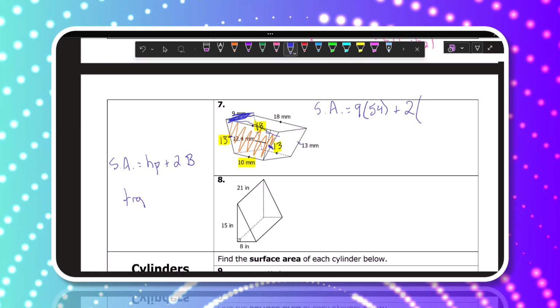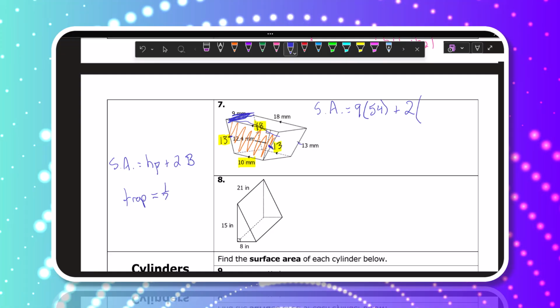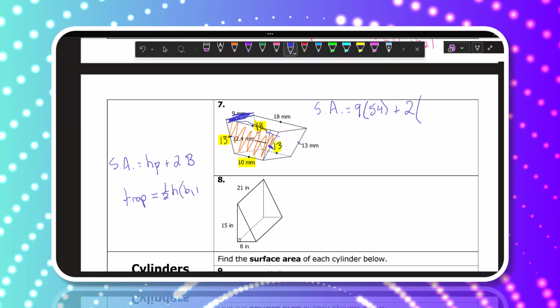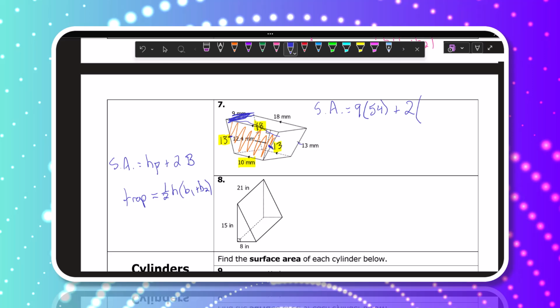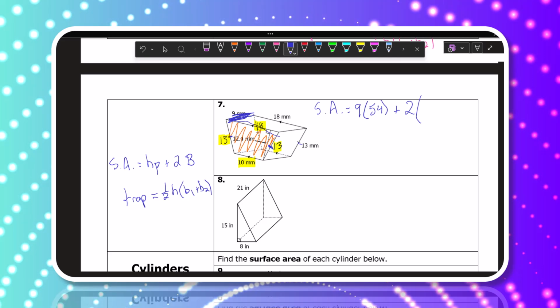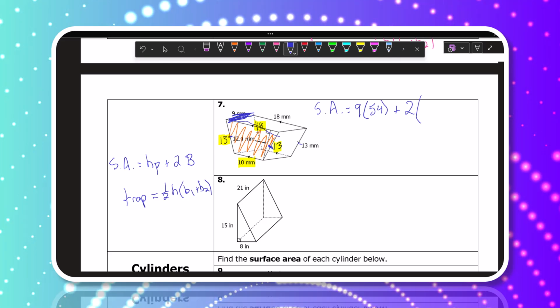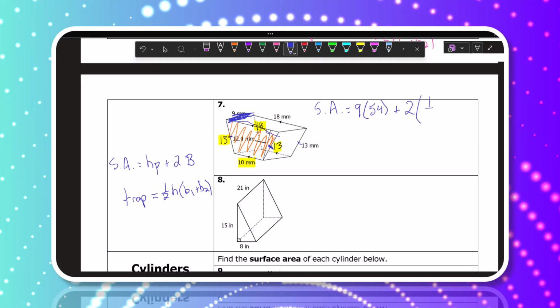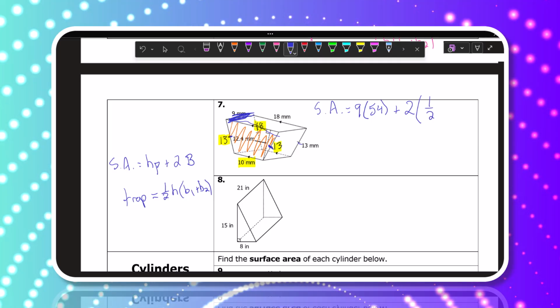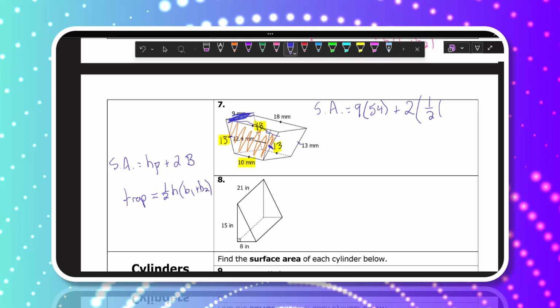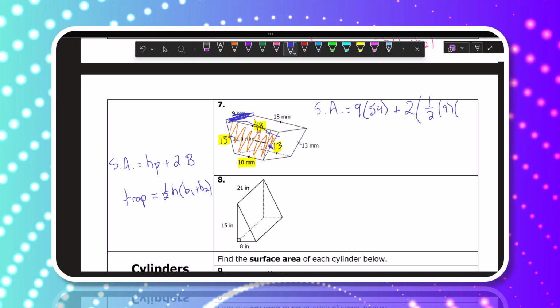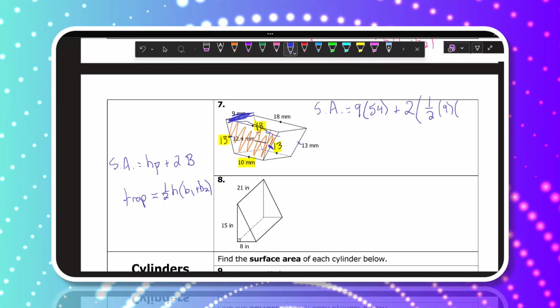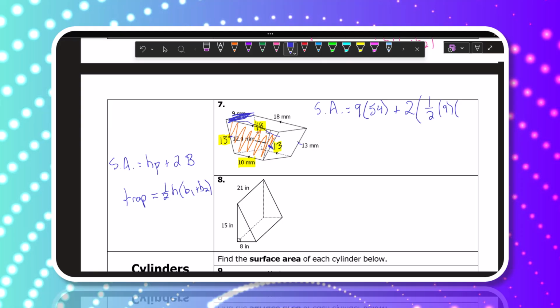So trapezoid is 1/2 height times base 1 plus base 2. And it doesn't matter which one's base 1 or base 2. We just have to make sure we have both of the bases. So we have 2 times 1/2 times our height, which we already found was 9. And then our base 1, base 2, again, doesn't matter which is which.